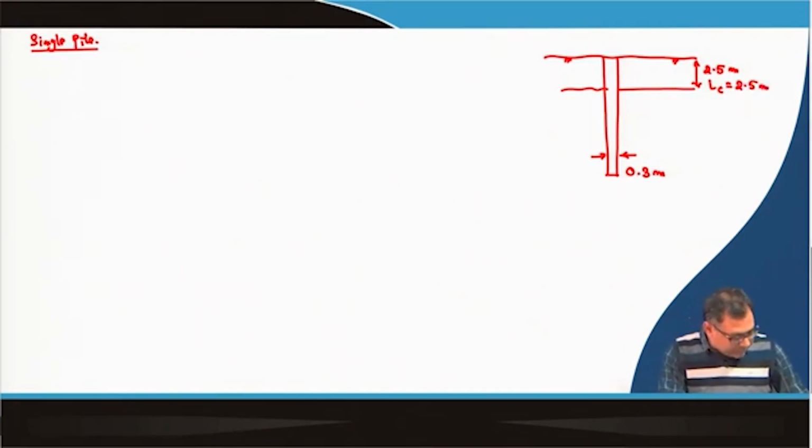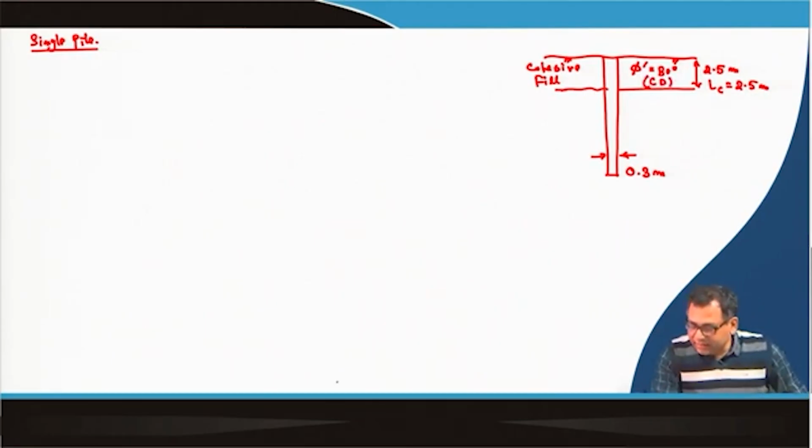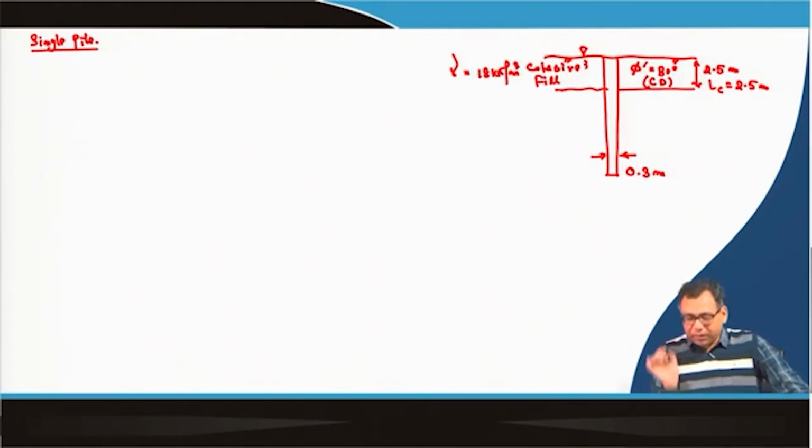It is a cohesionless fill whose phi dash is equal to 30 degree, determined under CD test, and the unit weight of the soil is 18 kilonewton per meter cube, and the water table is at the top of the fill.